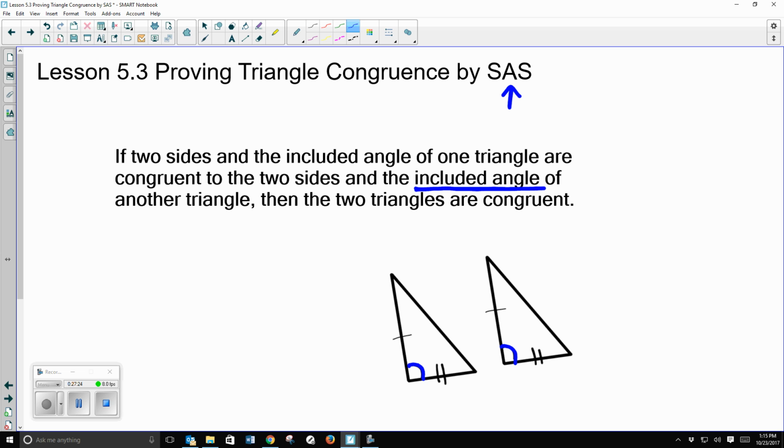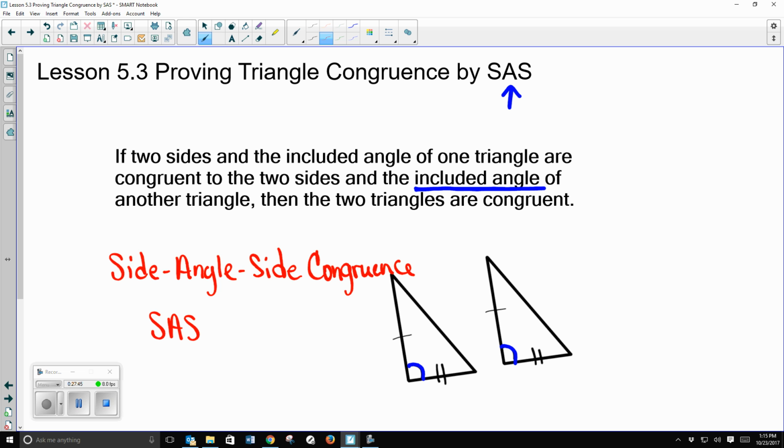And that is side, angle, side congruence, or SAS congruence.